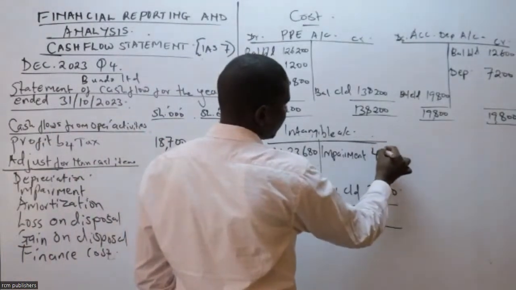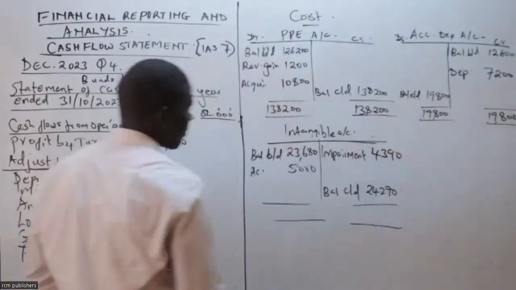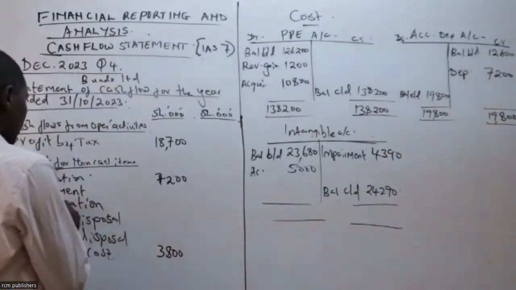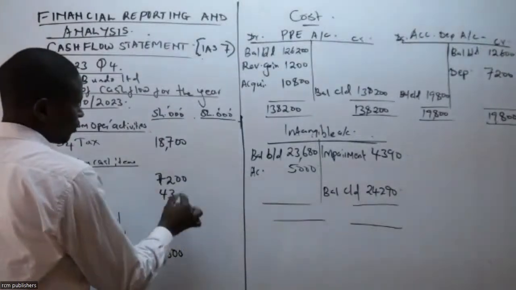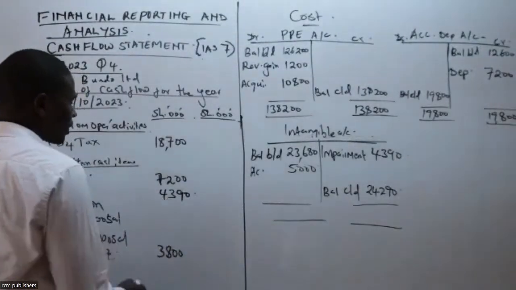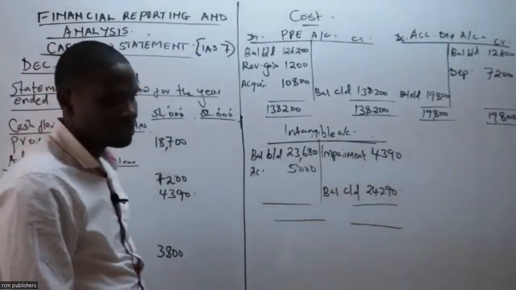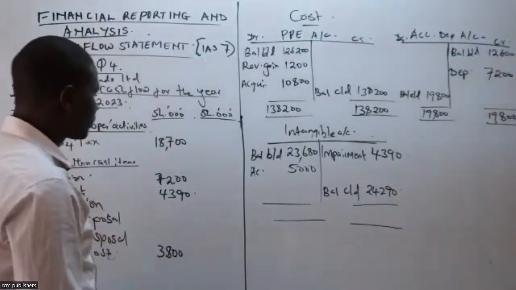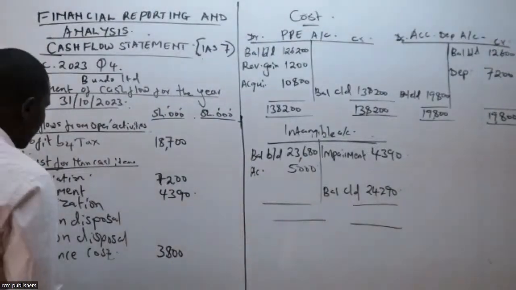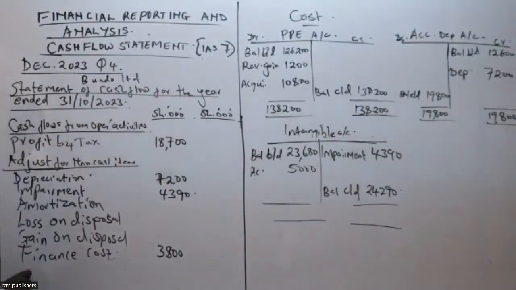So the impairment is 4,390. Remember, impairment is subtracted, and therefore we shall be adding it back to our profit before tax. And then we go to the changes in working capital. Give us very fast the changes in working capital.